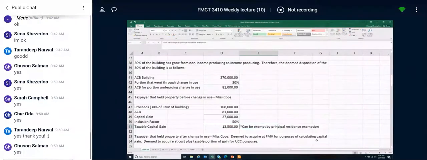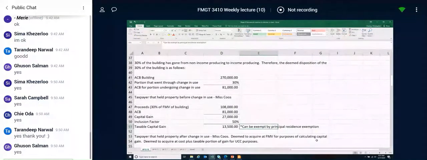Now, in this problem, they haven't told you that there's another principal residence out there. So right now, the only thing we know is this is the only property that Ms. Coos had that is her principal residence. So now you sit there and say, well, yes, you have this taxable capital gain, but basically she could file a principal residence election, principal residence exemption claim, and she can exempt this 13.5 gain.